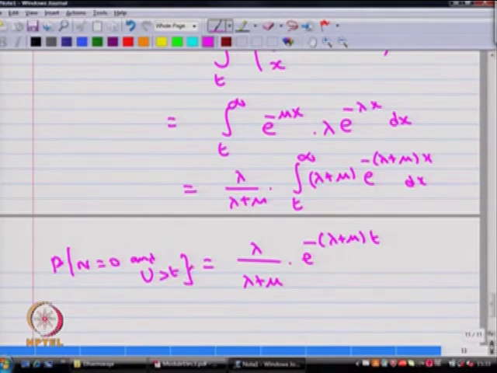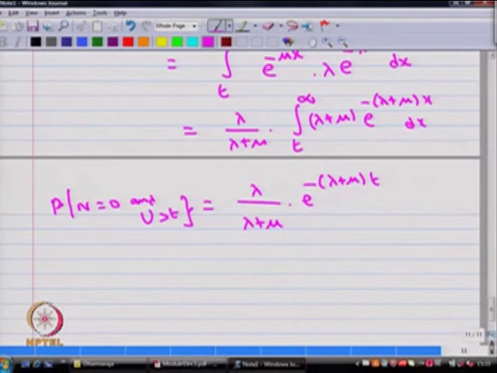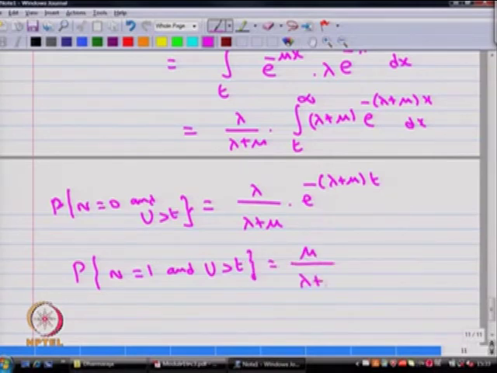Similarly, you can work out the probability that N takes a value 1 and U takes a value greater than t. That will be mu divided by lambda plus mu multiplied by e power minus lambda plus mu times t.